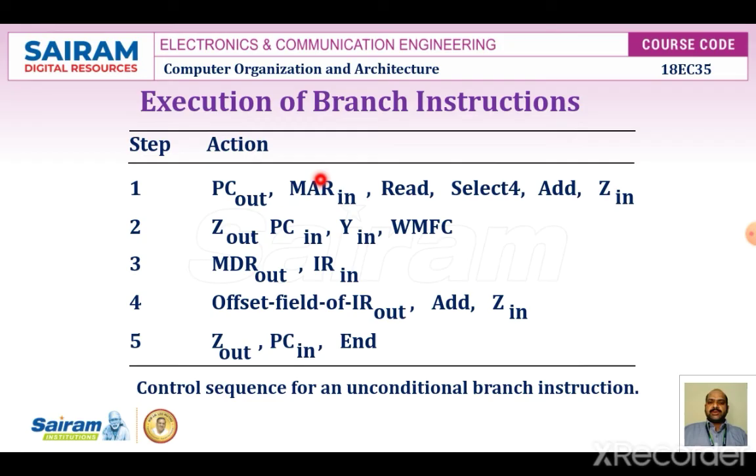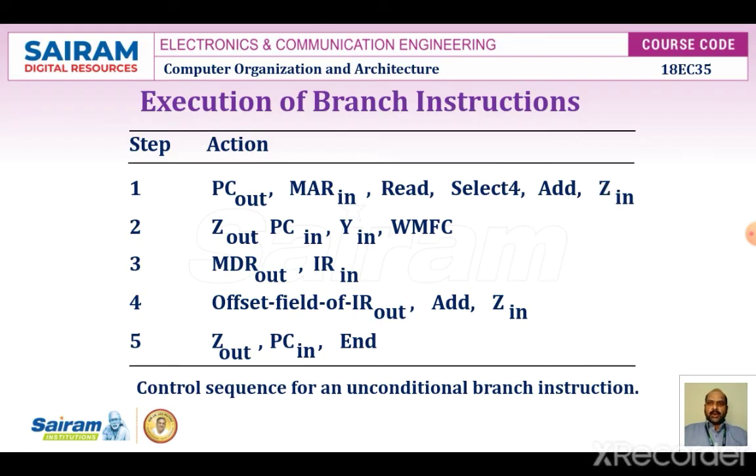It sends a read signal to the memory through the address line, selects 4, adds the data, and produces an output to Zin, the temporary register input.